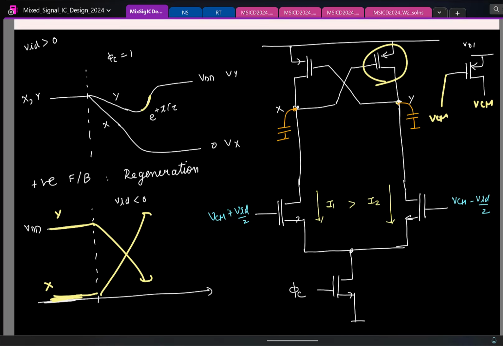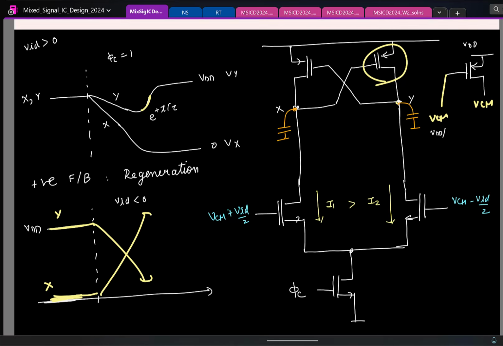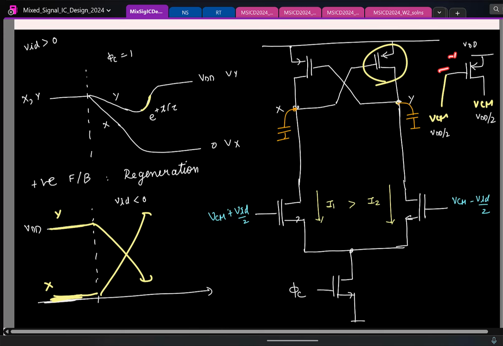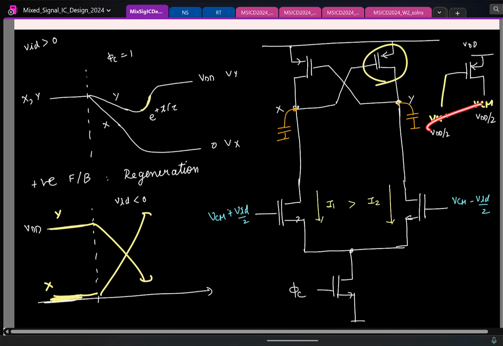This is VDD. So this is transistor on. VCM is roughly equal to VDD by 2. Is the transistor on? It is on. Right? So which means you'll have a direct path from VDD, so you are consuming power unnecessarily, even though you don't want this to be functional. Fine. So that's why resetting to ground or VCM is not a great idea.